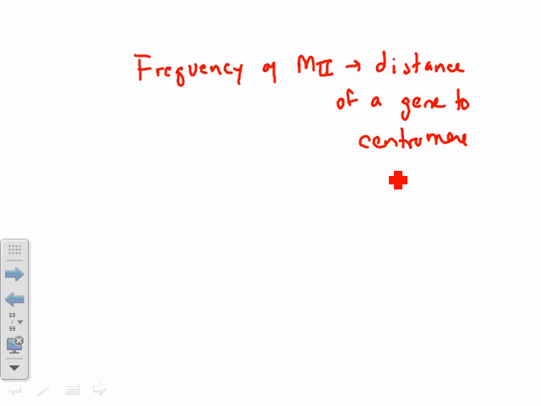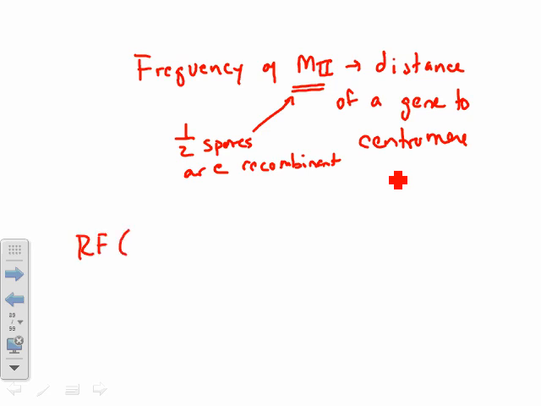But if you recall, only half of the spores in an M2 ascus are recombinant, so we have to take that into account when we calculate the recombination frequency. To calculate the recombination frequency between a gene and its centromere, we figure out the number of M2 segregation patterns we observed, but we divide that by 2, right?